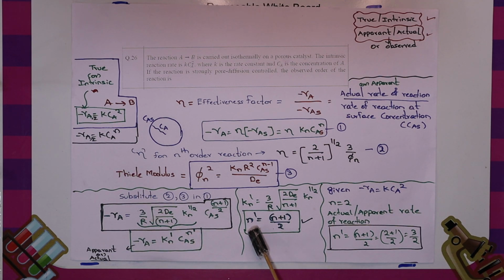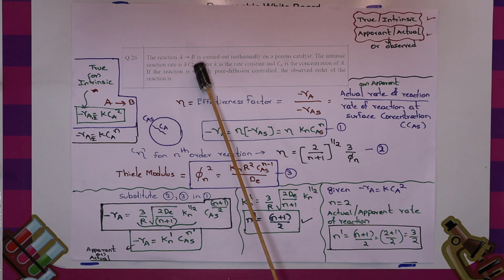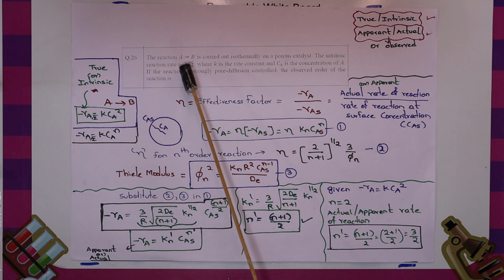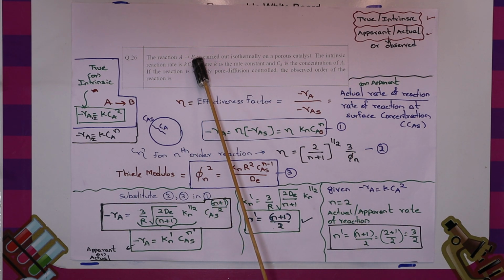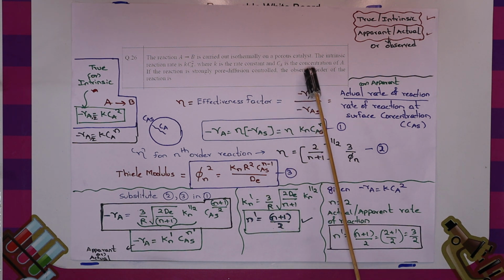Simple. n dash is nothing but n plus 1 by 2. This is the overall equation we can use. That means if you know the intrinsic rate, that means the true rate of reaction is K Ca square, 2 is the order of the reaction, that means you know n, so 2 plus 1 by 2. What is the actual order of the reaction?